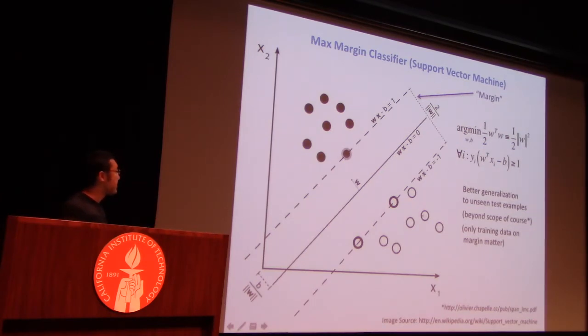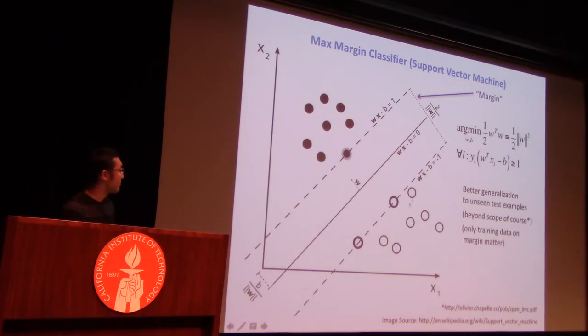Let's say these 3 data points didn't exist, right? Then this minimization problem, which wants to minimize the norm of W, would be allowed to make W even smaller, until it hits, let's say, this point.